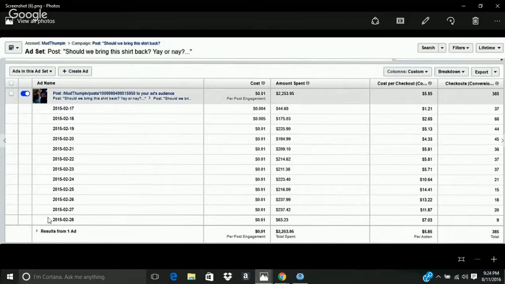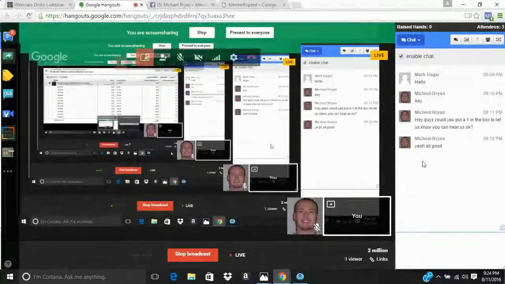I think this is where the ad actually ended. We had it scheduled to run that long as a test, and it did really, really well. It generated, like I said, 20,000 plus. Average cost per sale was $5.85 at 385 orders. So not too bad for spending $2,200 to generate that much in sales.